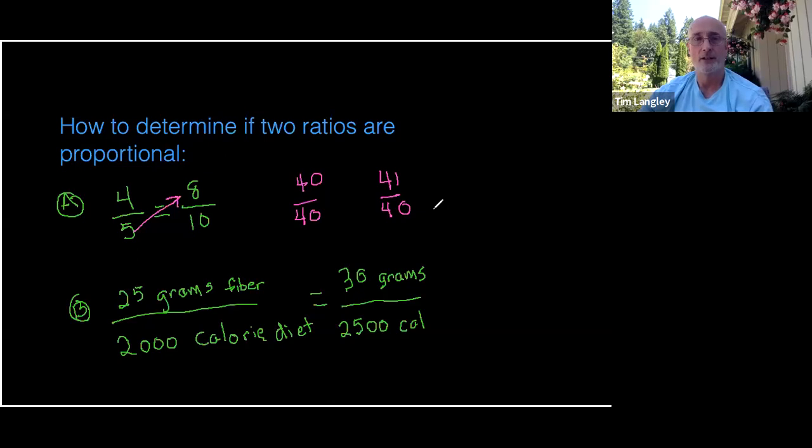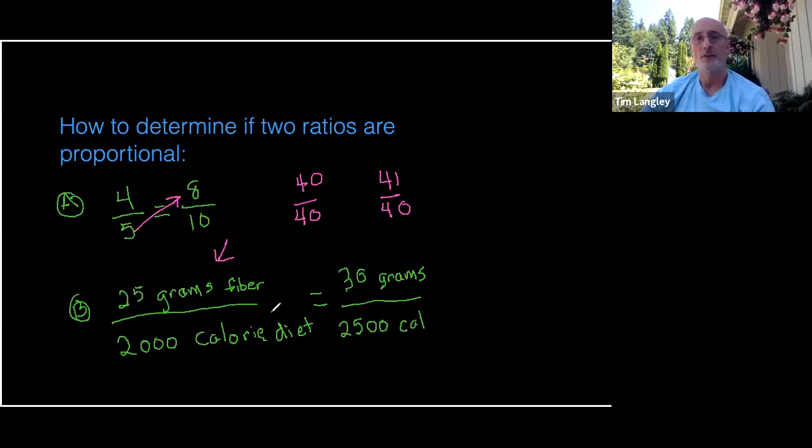Let me give you a second example down here. I've got example B, and there's a diet that calls for 25 grams of fiber for every 2,000 calories. And a person proposes, well, I've got a diet that's 30 grams of fiber for every 2,500 calories. If they ask you, are these two diets proportional, what would you do?